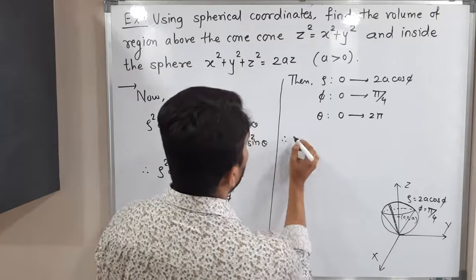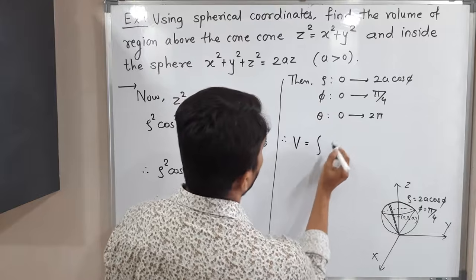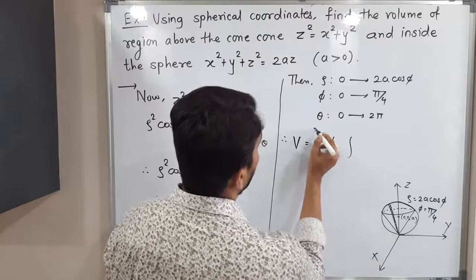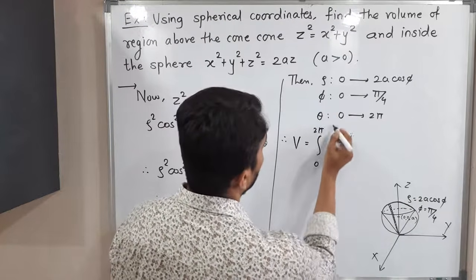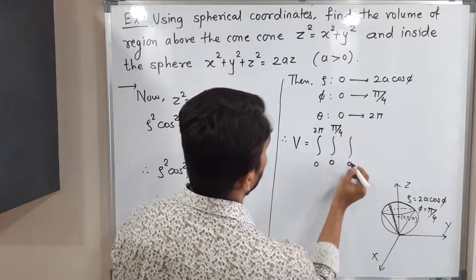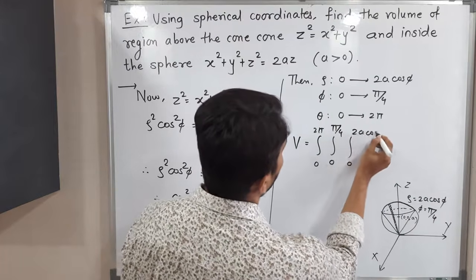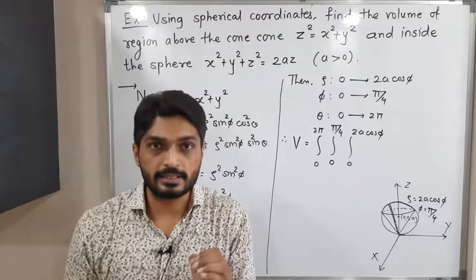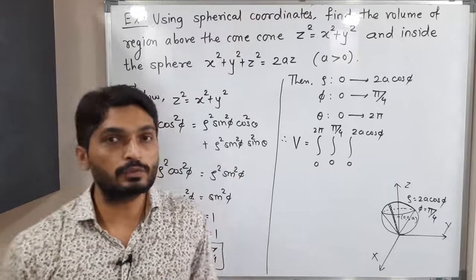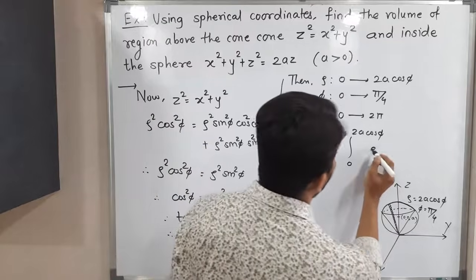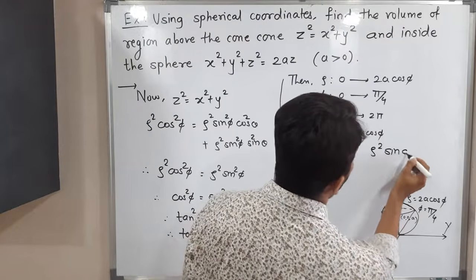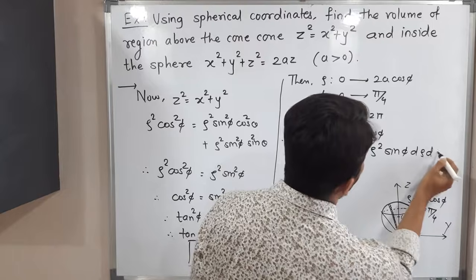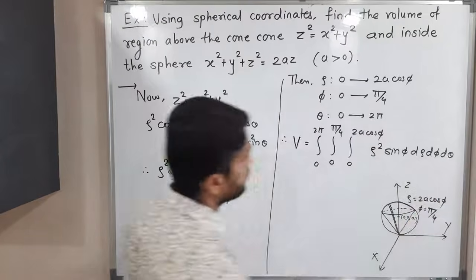So if we got limits of all, let us find volume. Outer integration with respect to theta, middle with respect to phi, and inner integration with respect to rho. Inside we have dv, means dx dy dz, whose value we know is rho square sin phi d rho d phi d theta.